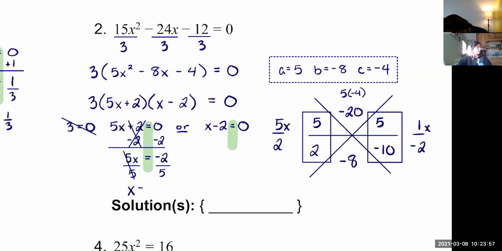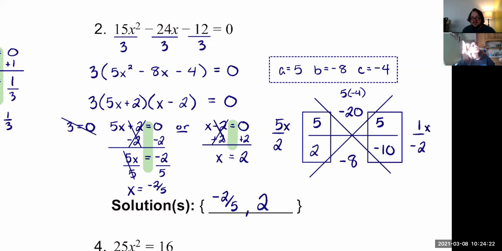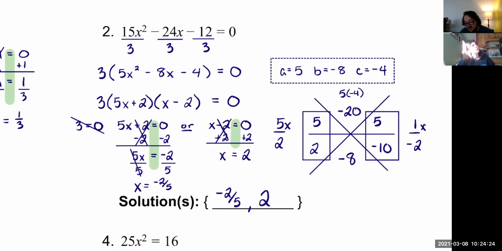We get x equals -2/5. I'll go ahead and write that on my answer line here. How would you solve the second one? Plus 2. So I get x equals +2. That one's done. So it looks like my two solutions are -2/5 and +2.